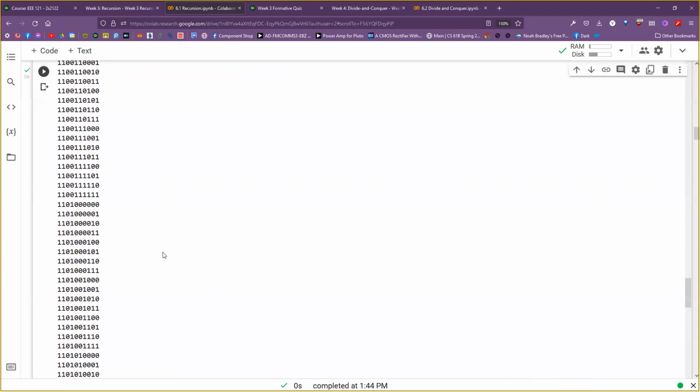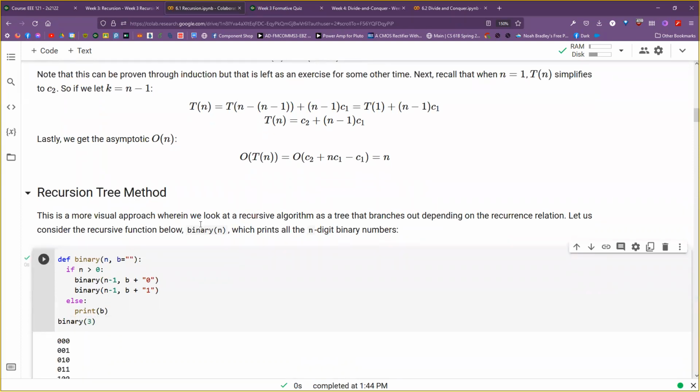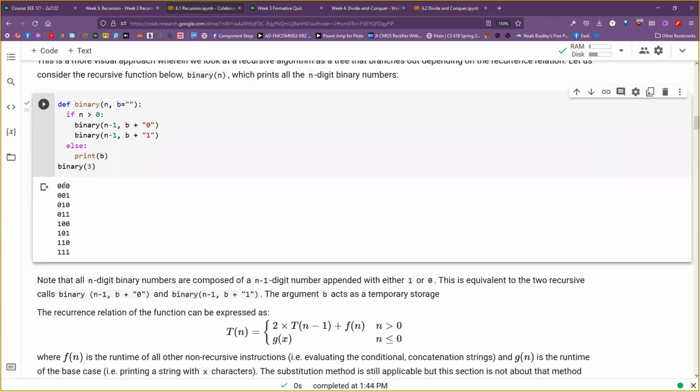So from 000, I'll shrink it so we can see it on one screen. So here we have all the 3-digit binary numbers.